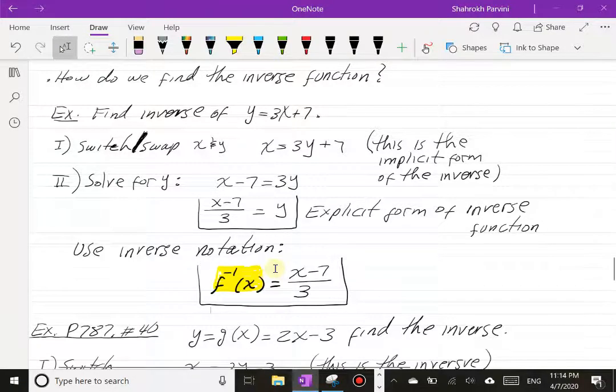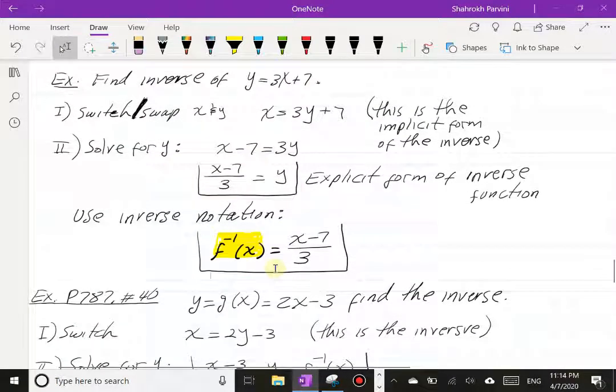Look at another example. In this next example, y is equal to, call it g of x, 2x minus 3. We want to find the inverse. So remember the two-step. We have swap and solve. Swap and solve. Or switch and solve. So step 1, we're going to switch the x and the y. So y becomes x, x becomes y.